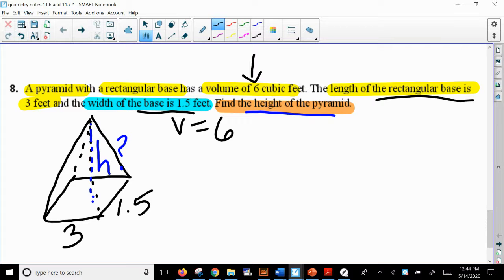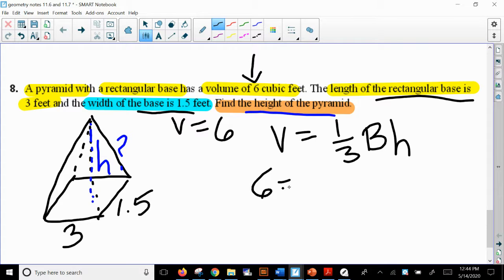Okay. Remember the formula for a pyramid is 1/3 big B h. I'm going to plug in everything I have and solve for the h. So I know volume is 6, so I'm going to put in 6 for V. 1/3, right?